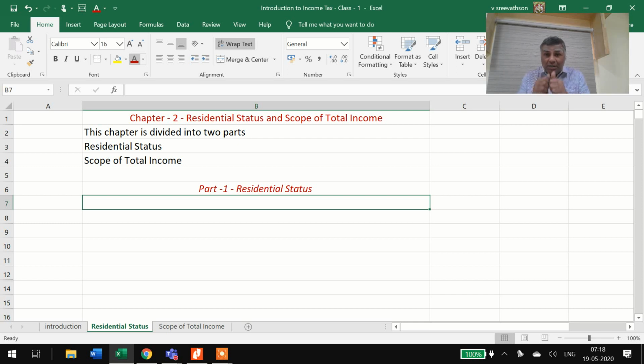So what is that link? This is the chapter which tells you whether the link is there or not, or how to determine the link.